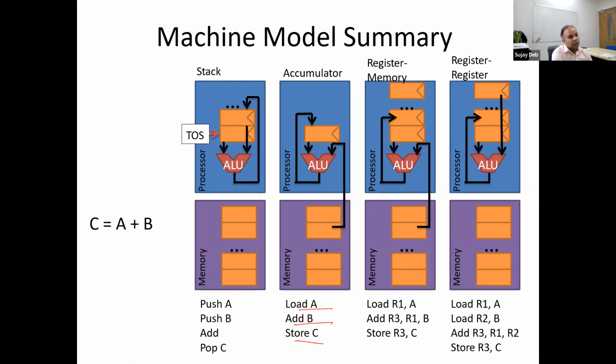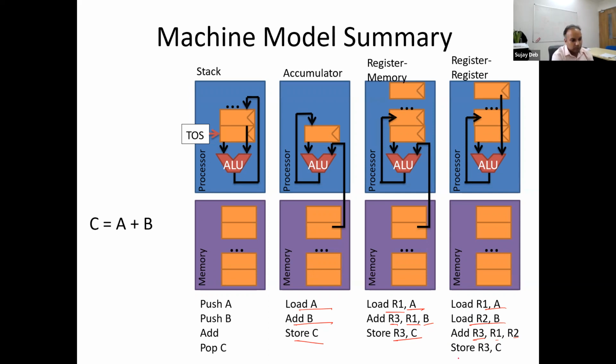In case of register memory, you load the value of A to a register R1, then you add R1 and B and store that result into R3, and then you store the value of R3 in C. In the fourth one, you load A into R1, B into R2, then add R1 and R2 and store it in R3.